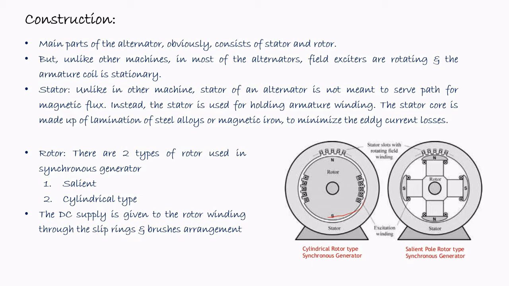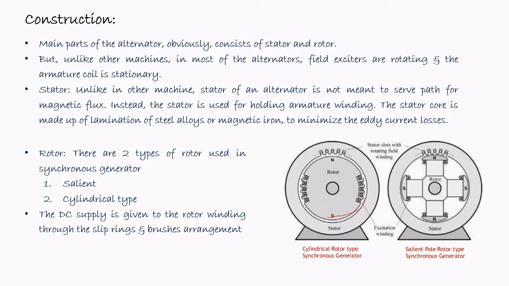Again, if the armature windings are placed in the stator, then the heat produced in the armature windings can be easily dissipated by using proper insulation, because in the stationary part we can use any amount of insulation.